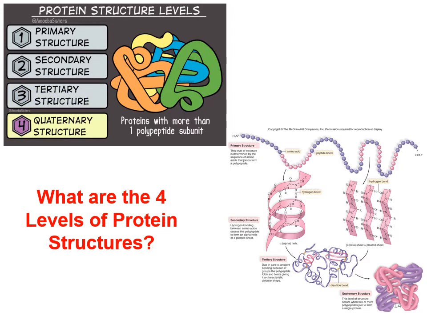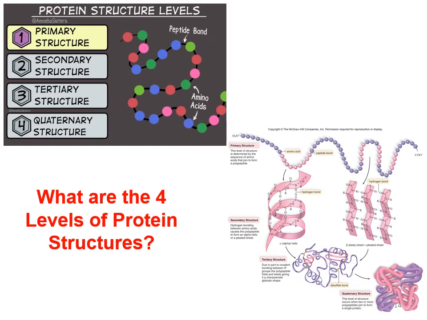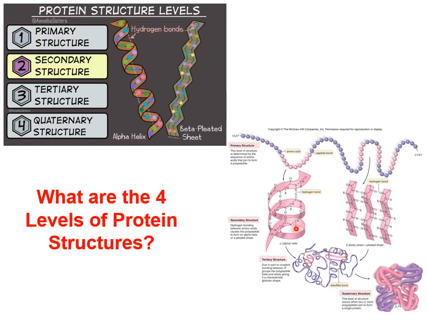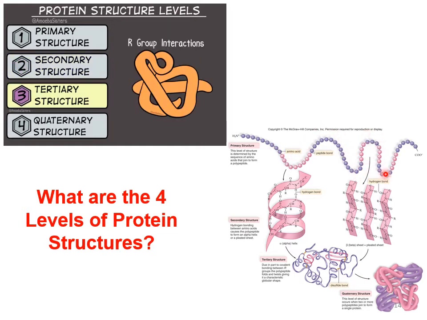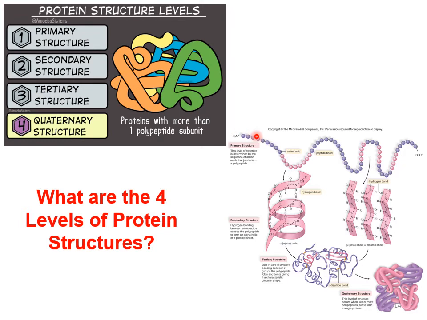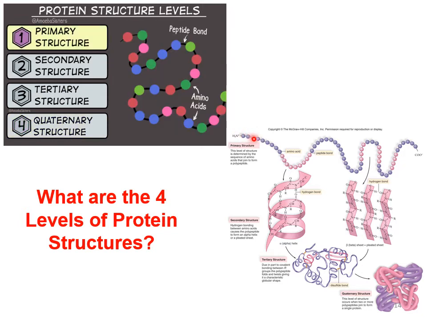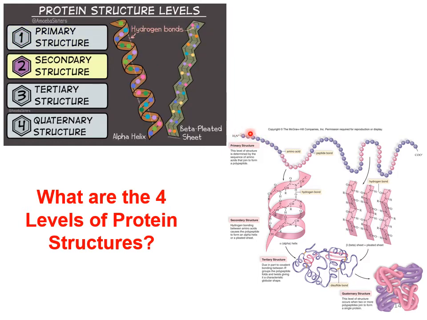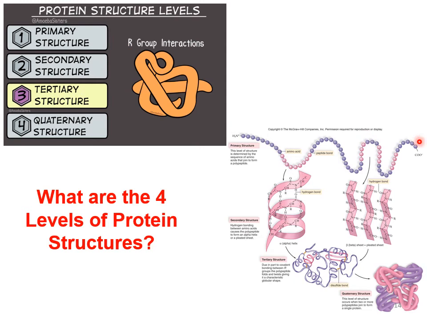The four levels of protein structure are as follows. The first one is the sequence of amino acids, basically the string of amino acid names such as leucine, tryptophan, tyrosine, any of those in a row. The string of amino acids is the first level of protein structure.